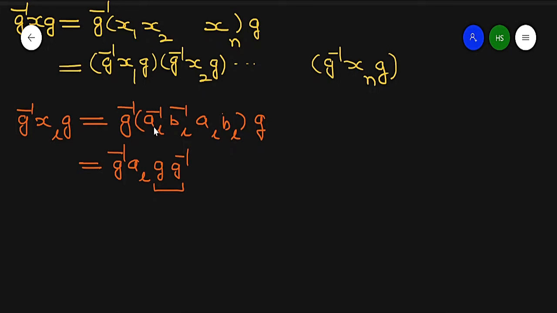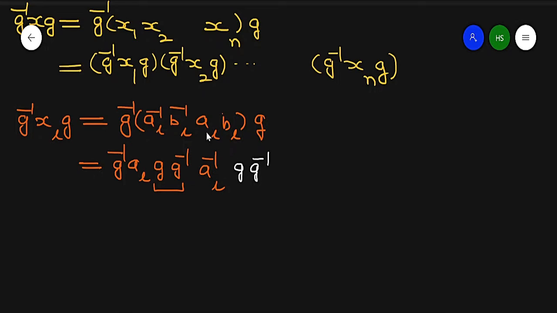And next, after that, ai inverse, again at this place it acts as identity, which can be written as g into g inverse.